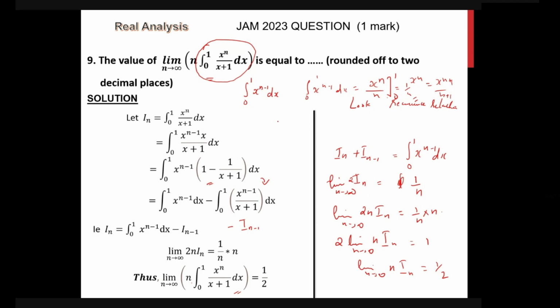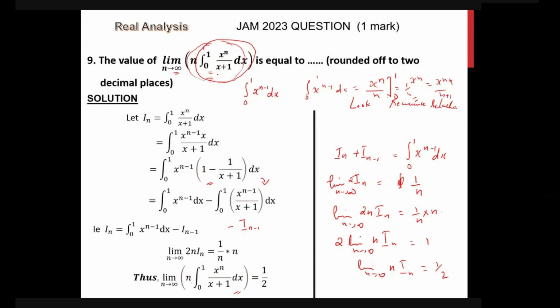Also, we are applying the limit n tends to infinity there, no, sir? Okay, limit n tends to infinity. Actually, the limit is outside. If you can find this integral, then you can apply the limit, but this integral is not easy to find.